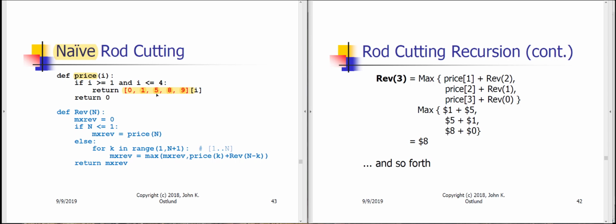Item sub 2, if we have a 2-foot piece, is $5. Item sub 3 is $8. Item sub 4 for a 4-foot piece is $9. And anything outside of that range, anything not greater than or equal to 1 and less than or equal to 4, is always going to give me back a price of 0.